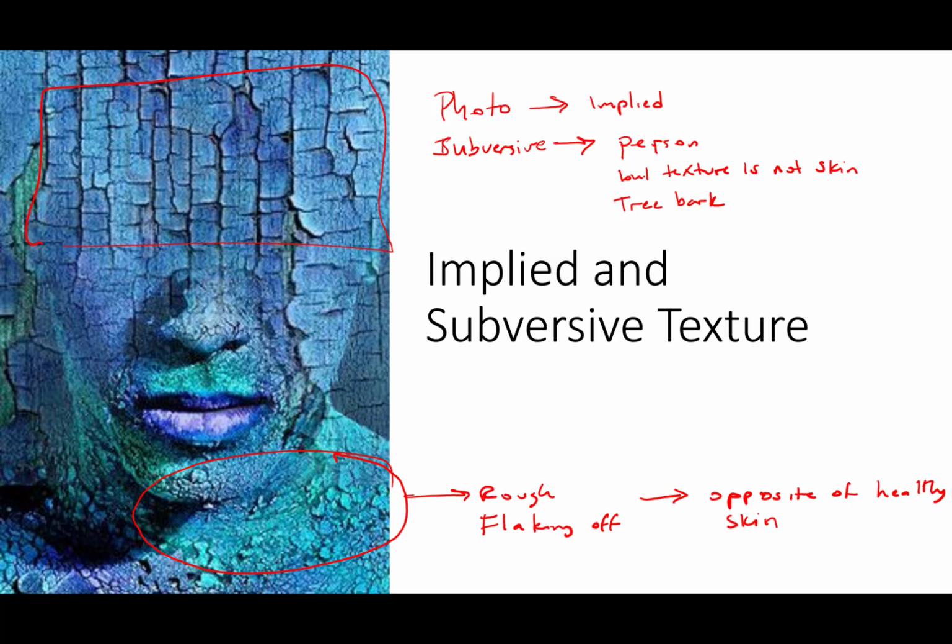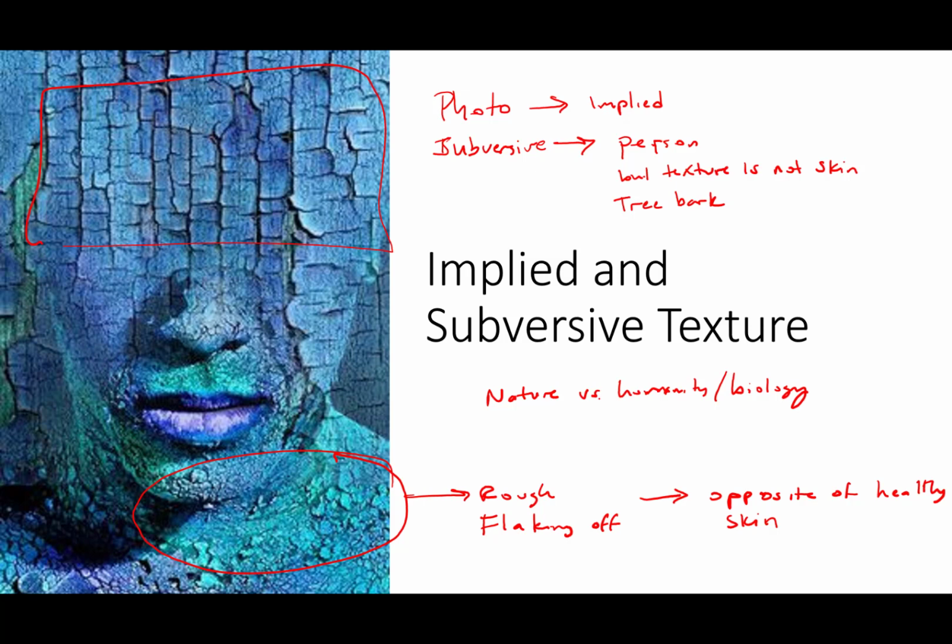The other thing, of course, is you've got nature versus humanity or biology. So all of these things, subversive really makes you stop and think. Implied, though, can be just as powerful as actual texture.